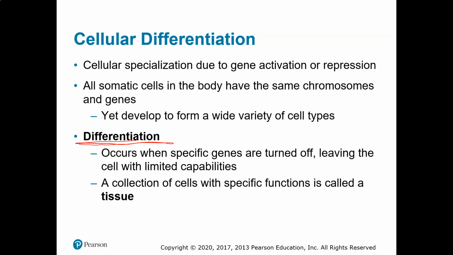And when many cells that are similar to each other collect together in a group and are coordinated in their action, like a collection of muscle cells or a collection of epithelial cells, which we'll learn about in the next chapter, they can form tissues: muscle tissue, nervous tissue, connective tissue, or epithelial tissue.